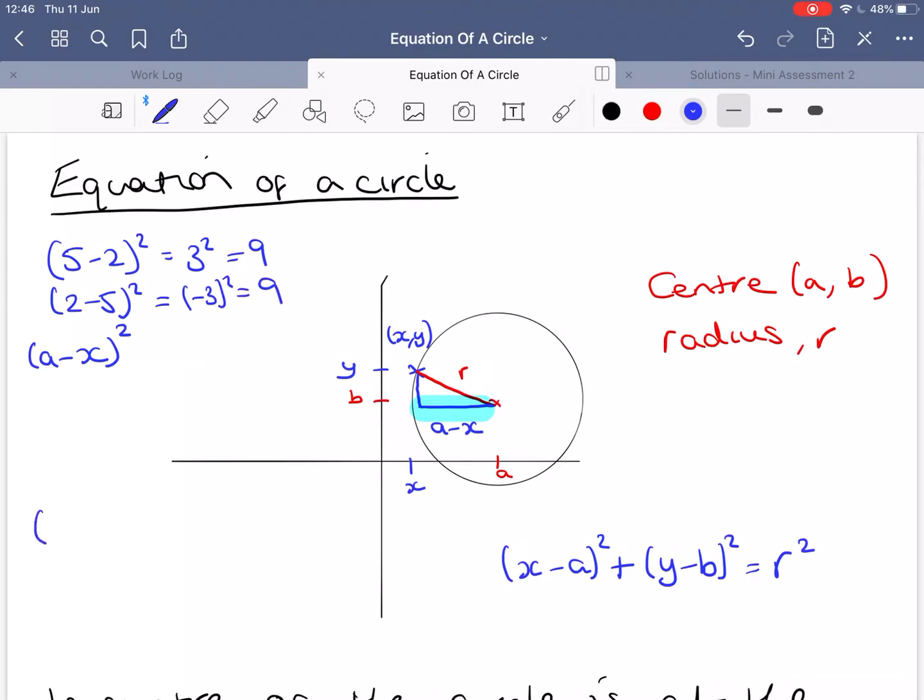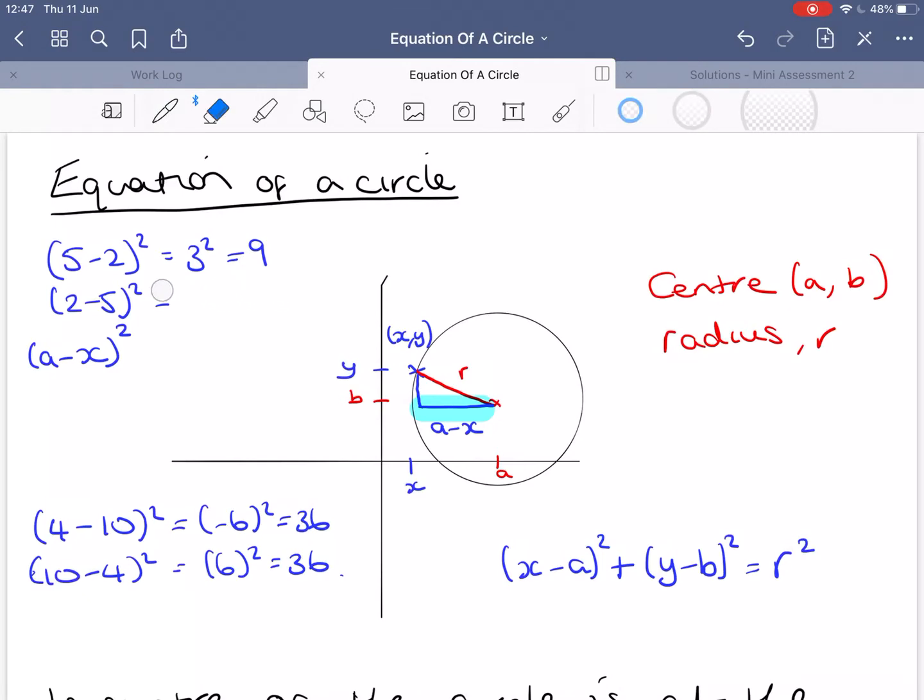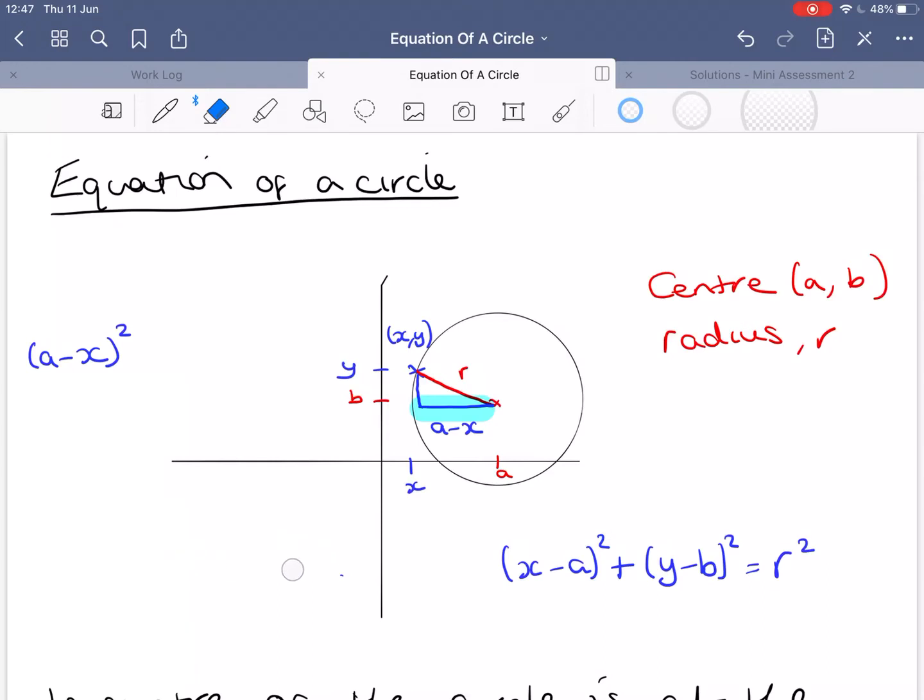Let's try a different example. If I had 4 take away 10 squared, that would be minus 6 squared, which would be 36. What about 10 take away 4 squared? That's 6 squared, which equals 36.